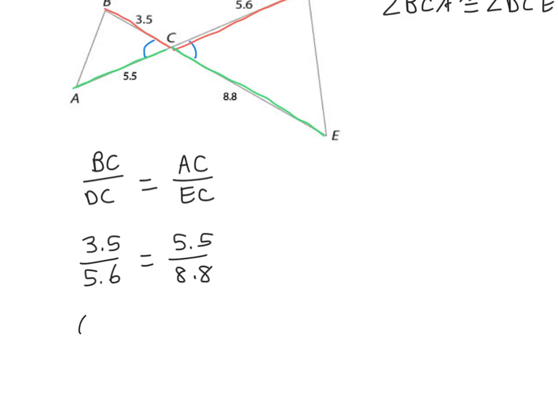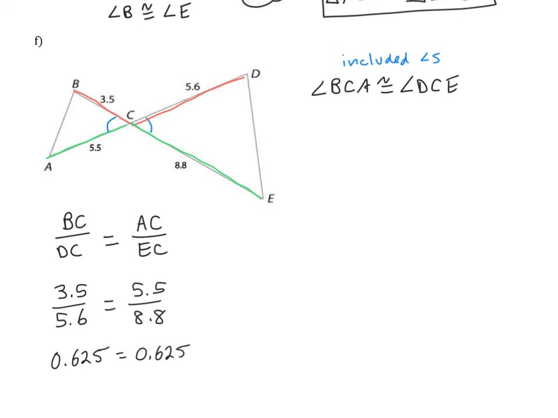So this leaves us with 0.625 equals 0.625. So the ratios are the same, which means that the corresponding pairs are proportional, and that means that the two triangles are similar. And again, this would be the side-angle-side similarity theorem.